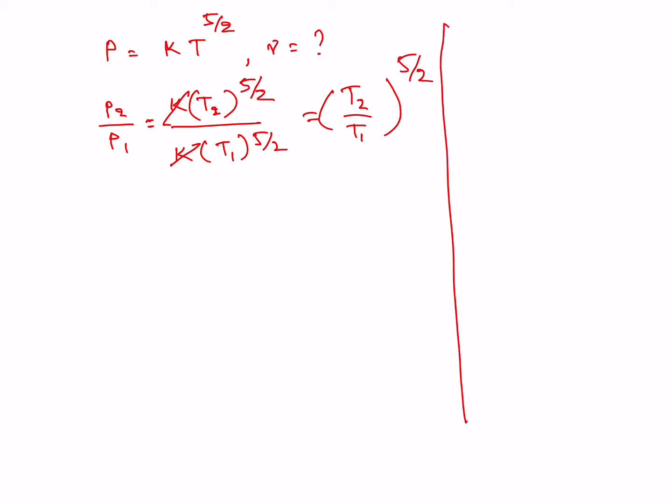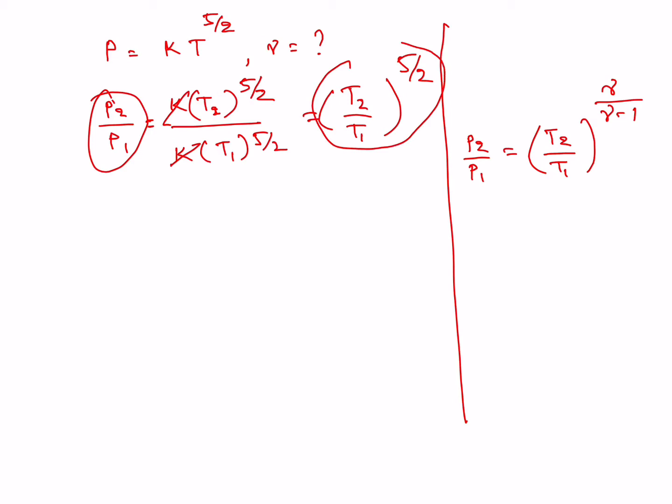And we know the pressure temperature relation for the polytropic process, and here for the isentropic process it's available. You have to remember this: P2 by P1 equal to T2 by T1 whole to the power gamma by gamma minus 1. So here also, gamma by gamma minus 1 is equal to 5 by 2. Then you just have to solve this and you will get your answer.